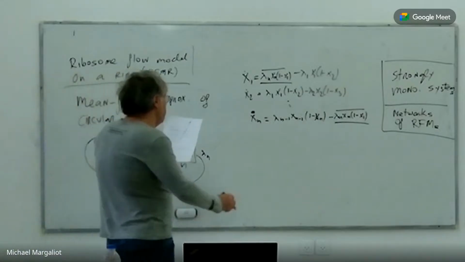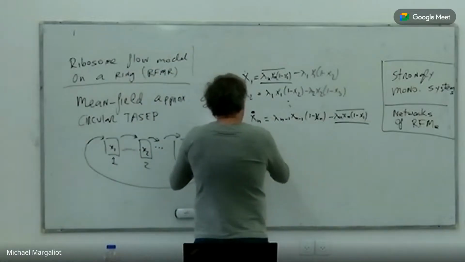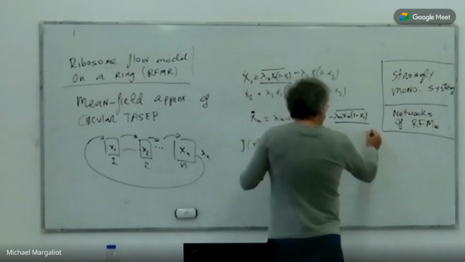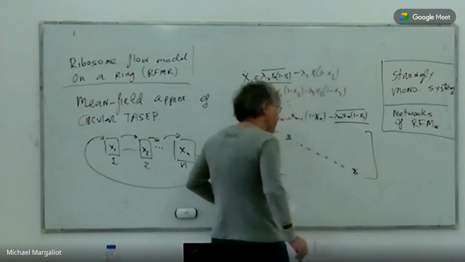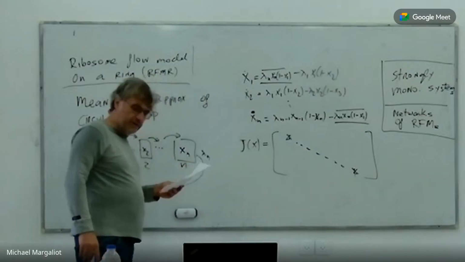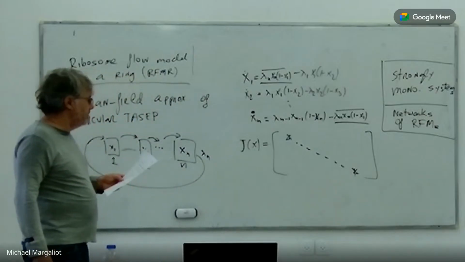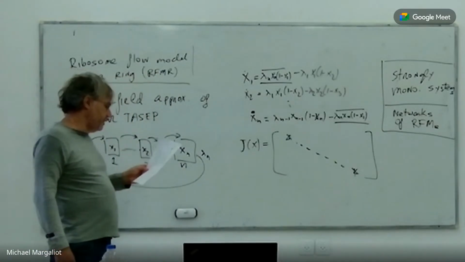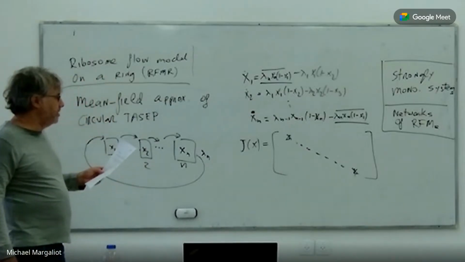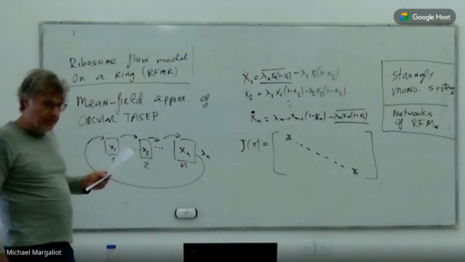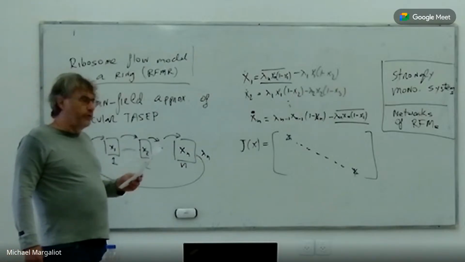Now we can compute the Jacobian of this matrix. I will ignore now the diagonal entries because I just want to show you that this is a cooperative dynamical system. To show you that this is a cooperative dynamical system, I just have to show you that the Jacobian is Metzler for every point in the state space.